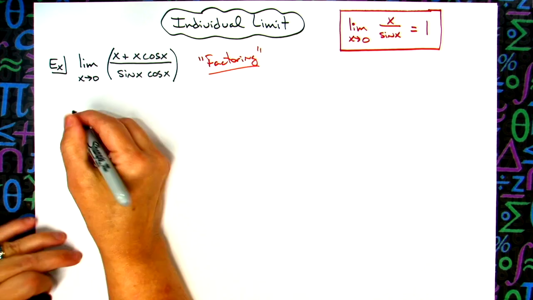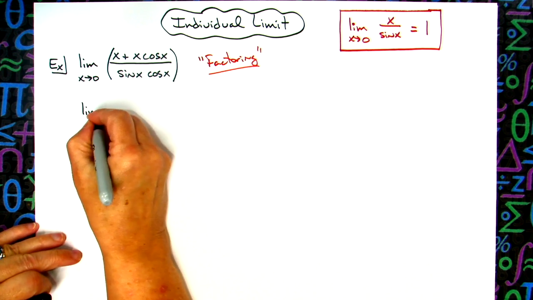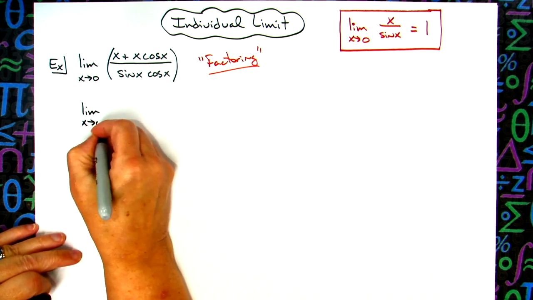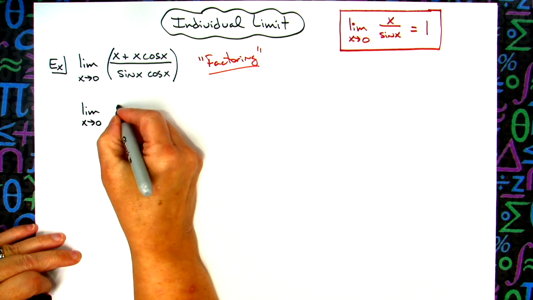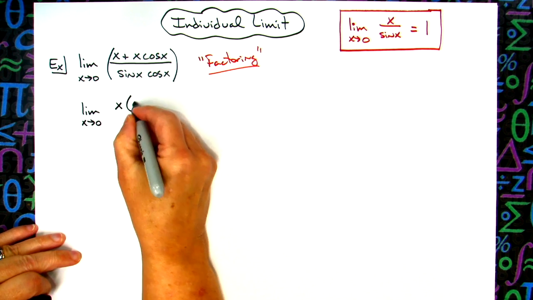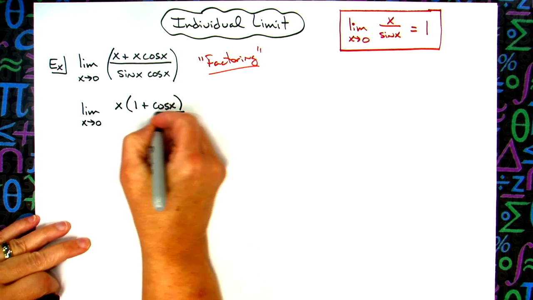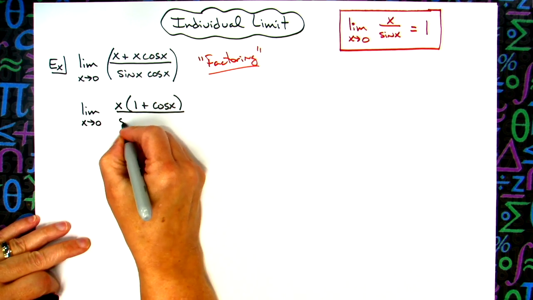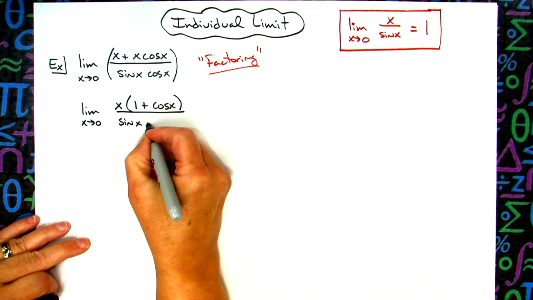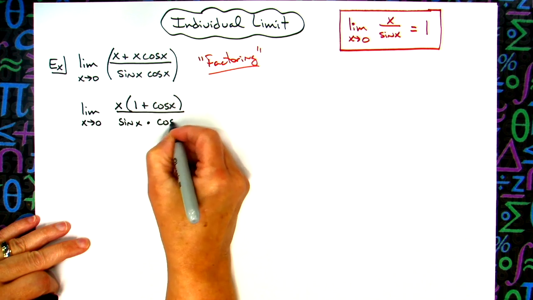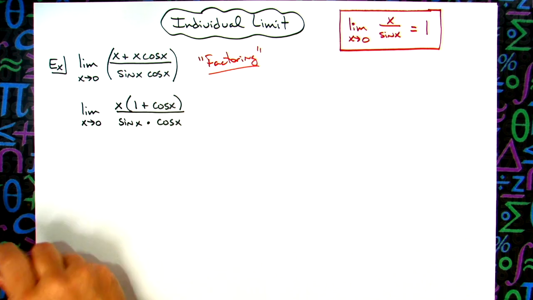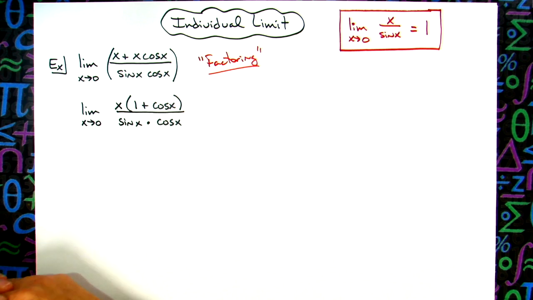All right, now when I do that, I've got the limit then of x approaching 0. Factoring out that x on top, I'll have an x and then a 1 plus cosine x. All right, that will be then all over the sine x. And I'm going to go ahead and put a dot in there times the cosine x. All right, because that's going to lend itself to the next step that we're going to do.